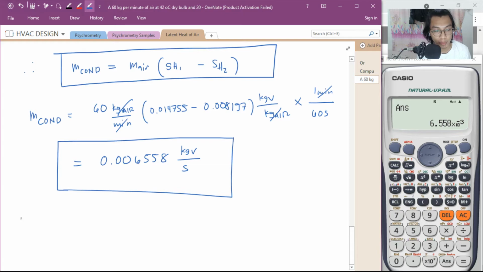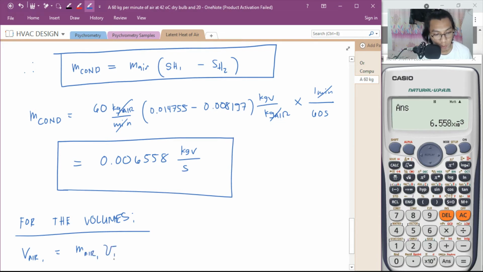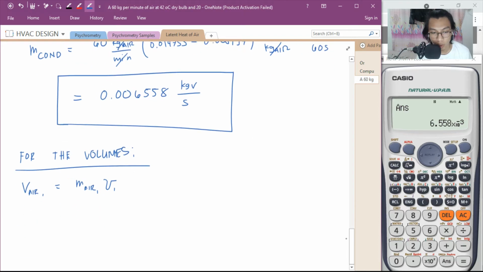For the volumes. Yung volume ng air 1 is yung mass ng air 1 tapos yung specific volume ni 1. Nakuha naman natin yun, cubic meter per minute, di ba?